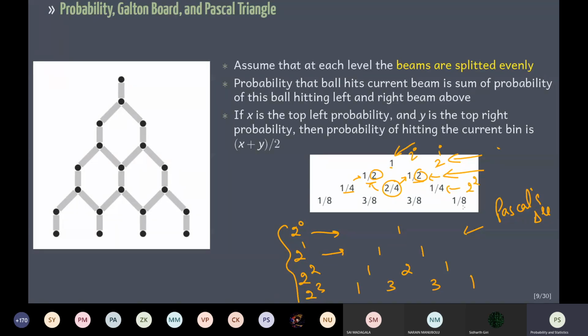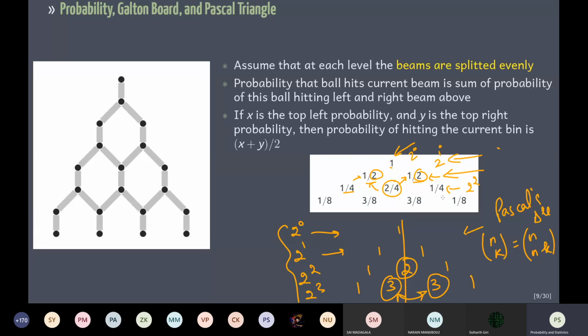Another thing we recall is that in Pascal's triangle, these entries were identified as n choose k, if you remember, which is the same as n choose n minus k. So there was a symmetry in Pascal's triangle.